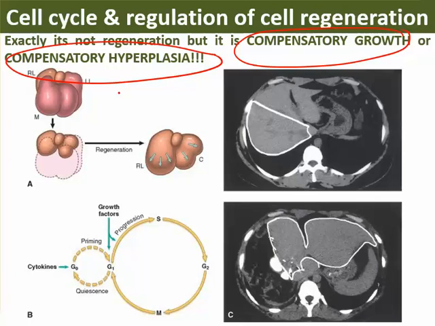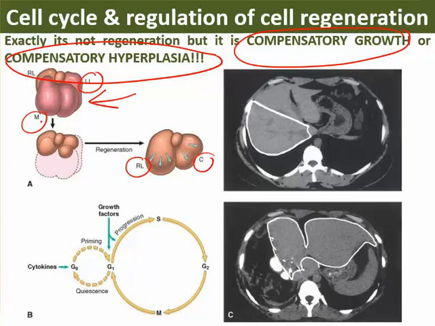See, for example, we did an experiment on rat liver. In the rat liver, they removed the medial lobe and the left lobe. What happens is the other two lobes, the right lobe and the caudate lobe, become big. Understand? They are not producing the lost two lobes, but they are increasing the size of the existing two lobes.